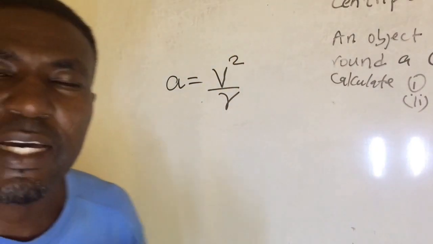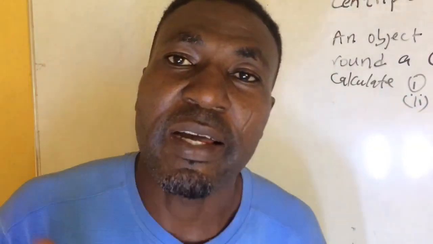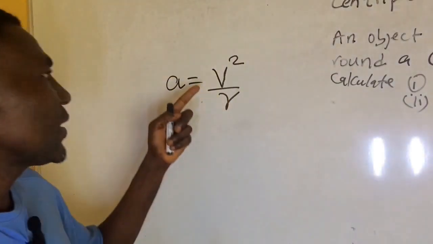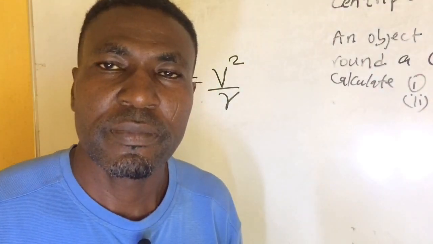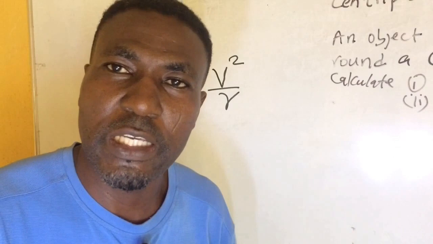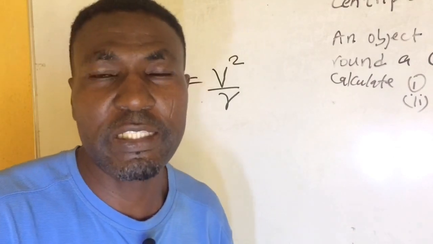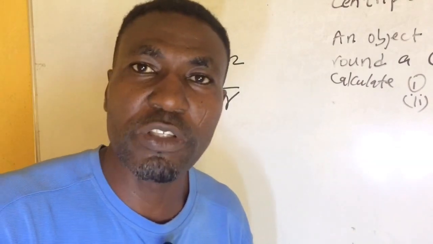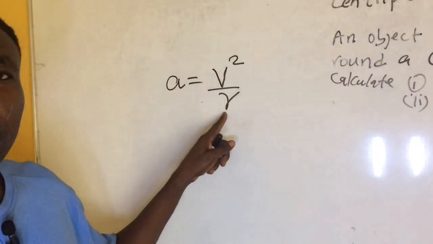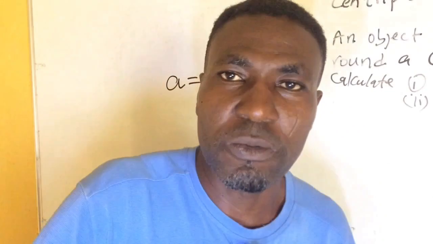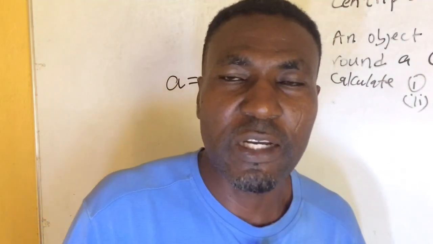A stands for centripetal acceleration, v stands for the velocity of the movement, while r is the radius of the circle, which has been given in the question.